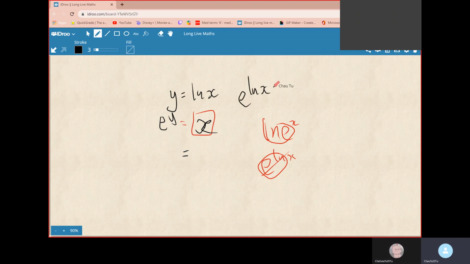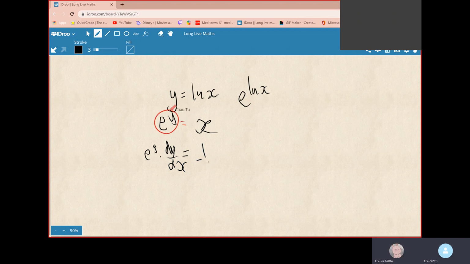Anyway, now what? So you would use implicit differentiation. When you differentiate this, it would just be its exact same self, but y is a function of x. So you stick dy by dx in here. Yeah, good. And then what?